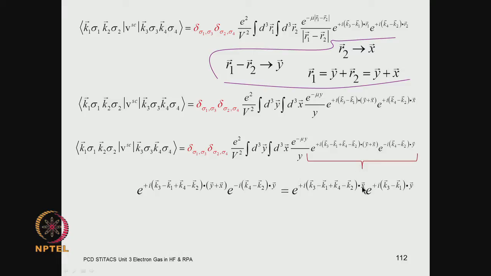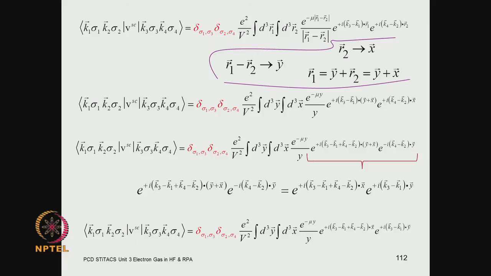So I separate it out into this term, which has got x alone, and then this term which has got y alone. So you are left with only k3 minus k1 dot y when you take the balance correctly. Okay, so that is what we have got.